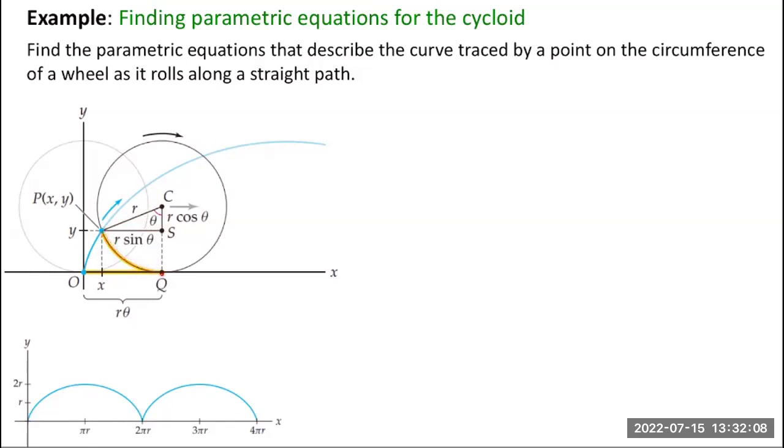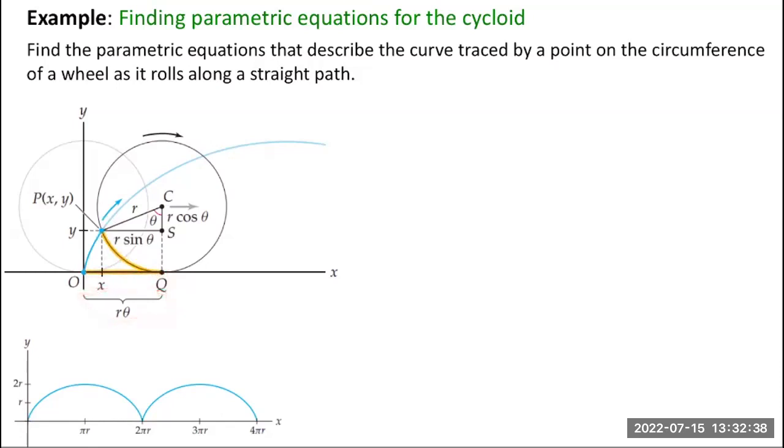Do you believe that that is the same as this length? Because you are rotating the wheel, this length should be the same as this length, because this point was right here at the beginning. Then this length and this length have to be equal. So if this is r theta, this length is also r theta. That's why I have marked this length as r theta.